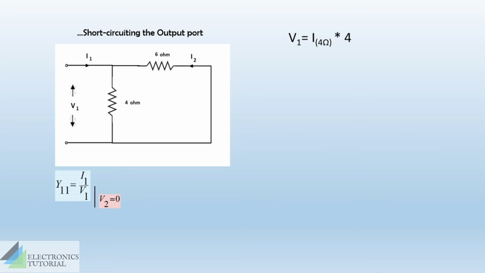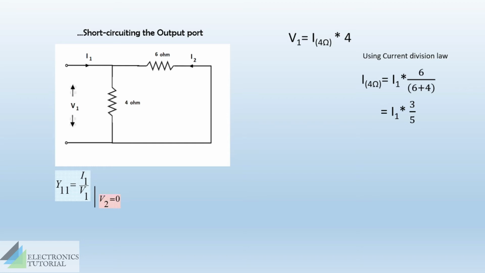To easily analyze this, we are taking the help of current division rule. You might be familiar with the current division law. Current division law states that current through any branch will be equal to total current into resistance at other branch divided by total resistance. So we will complete the equation as current through 4 ohm will be total current I1 into resistance in other branch 6 divided by total resistance.